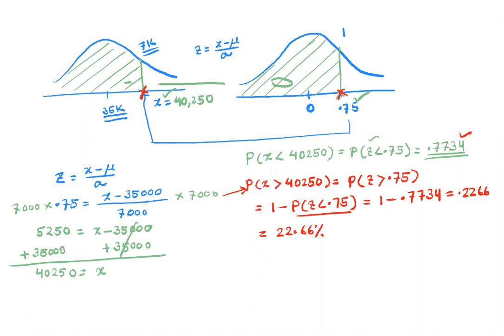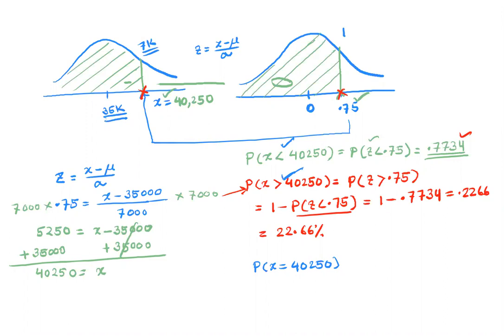Now, I'm going to ask the next question. So we did the following. We found the probability that a person makes less than 40,250, and the probability that a person makes greater than 40,250. Then what is the probability that a person makes exactly 40,250? We found it for less than, and we found it for greater than.